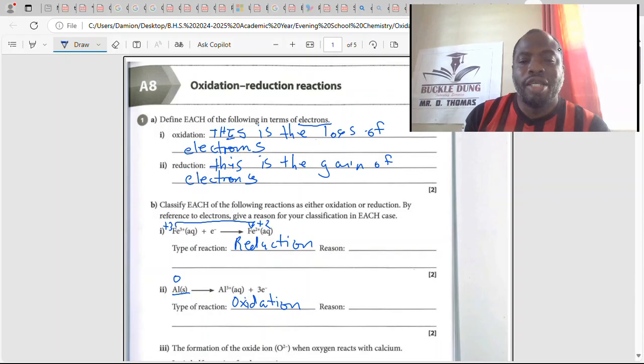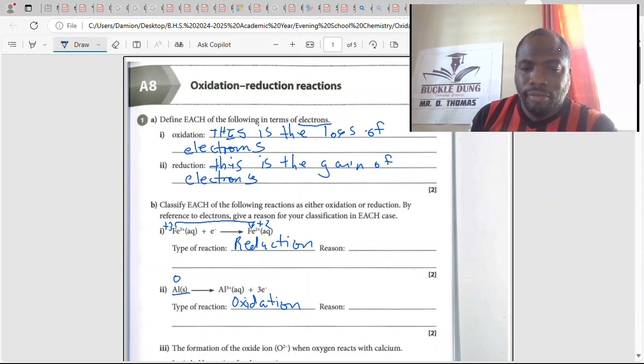And learning doesn't mean that you can recall it. You're supposed to know the why. So anytime you get anything outside of it, no matter what CXC throws at you, you can actually use what you learned to apply. What is the oxidation number right here? +3. It's moving from a 0 to a +3. So what's happening to the oxidation state? Increasing.